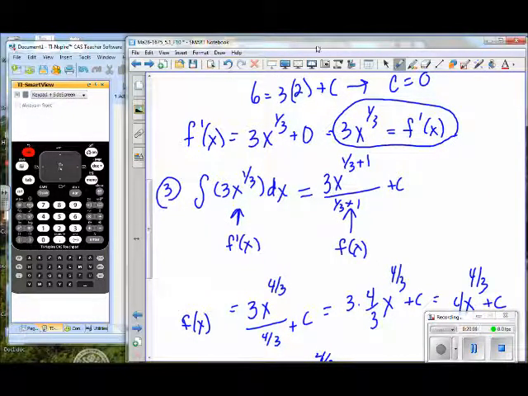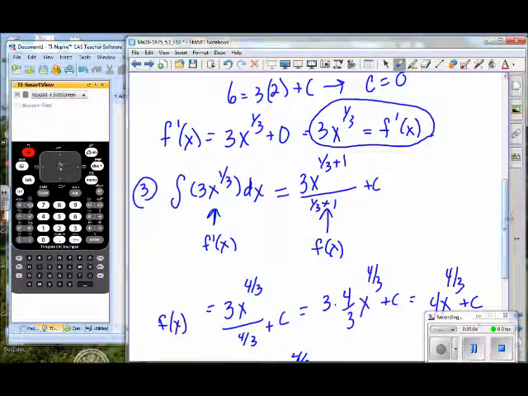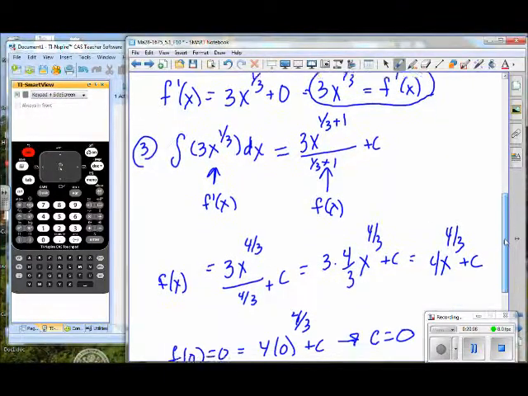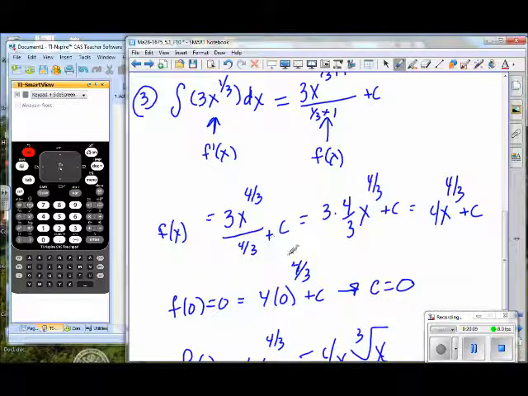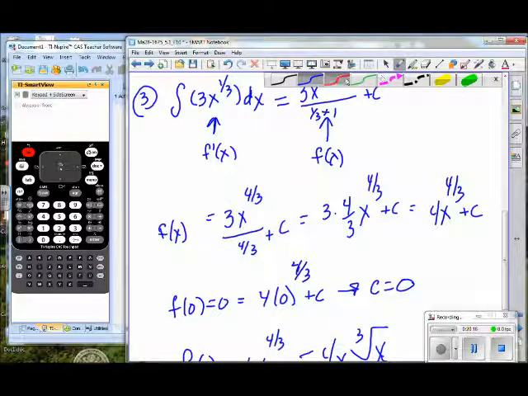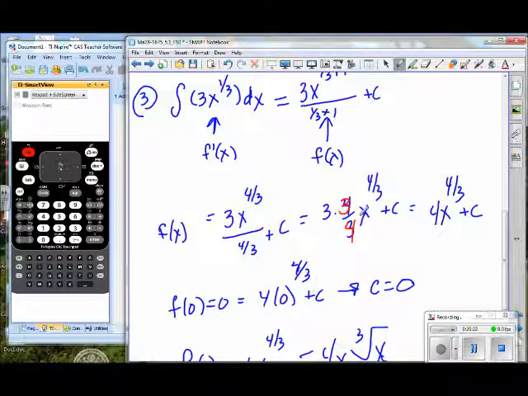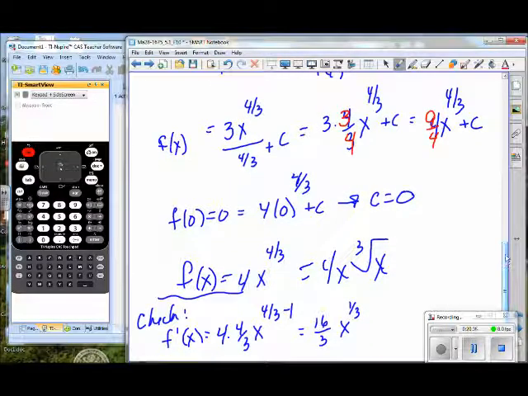The error, and maybe you had picked that up, and we just didn't have time to correct it in class, but the error is that when we divide by a fraction, we should multiply by the reciprocal. So that'd be 3/4, which means that we end up then with 9/4 x to the 4/3 power.